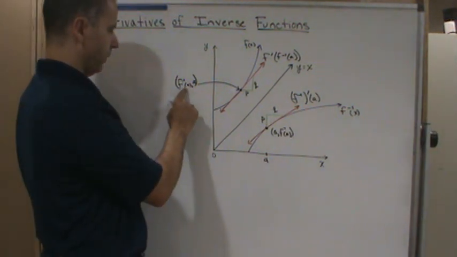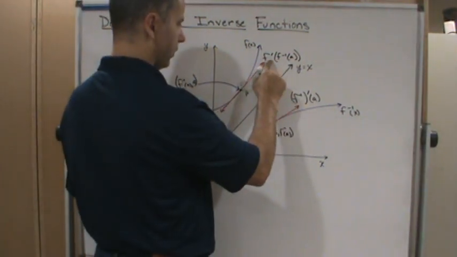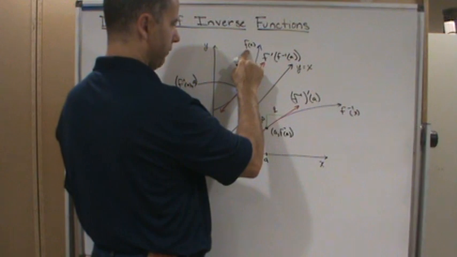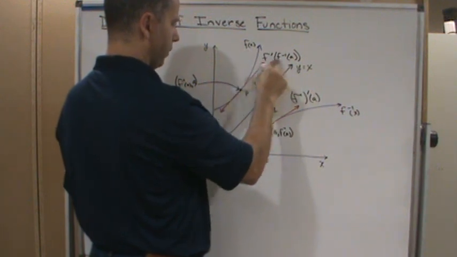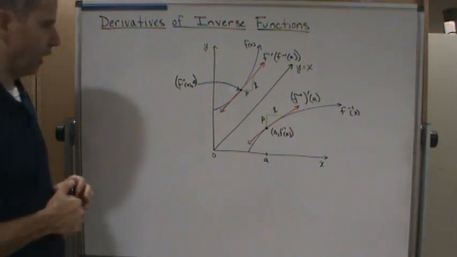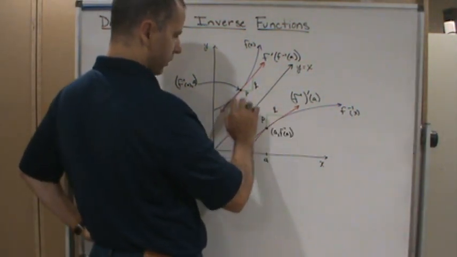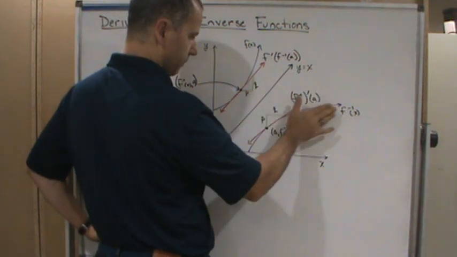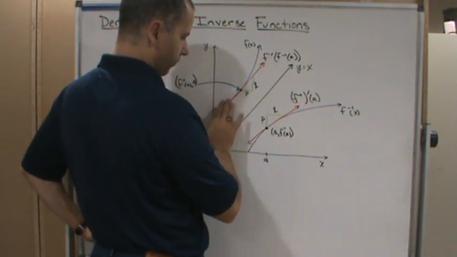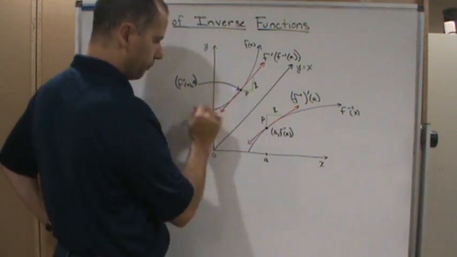So it's actually evaluated at this point here. So that's why we go in here. So it's f prime, but it's evaluated at this point here. It can be a little confusing, but just realize that we're defining the inverse based on this point here, based on this inverse function here.